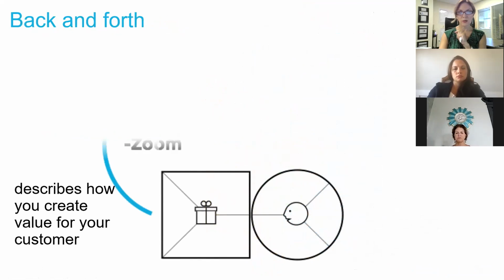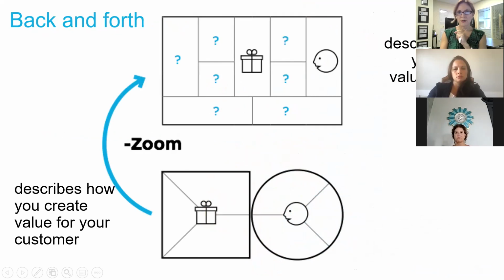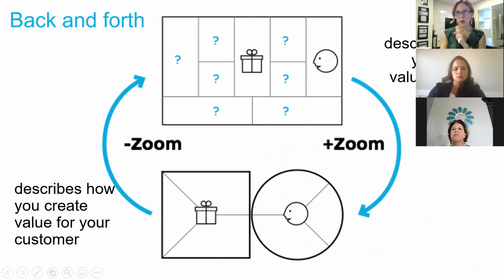helping your customers. And remember, when you are working with your business model and the value proposition canvas, you have this series of iterations. You talk to your customers, describe how to create value for your business, then you go to the value proposition canvas and describe how to create value for your customers.